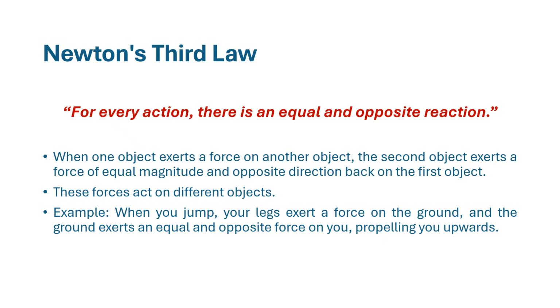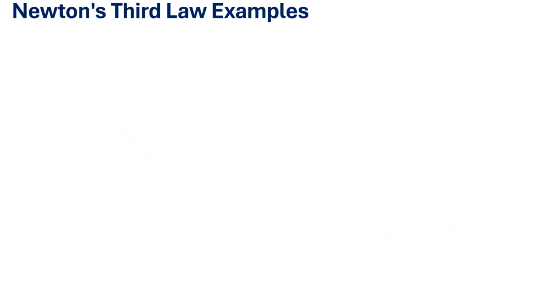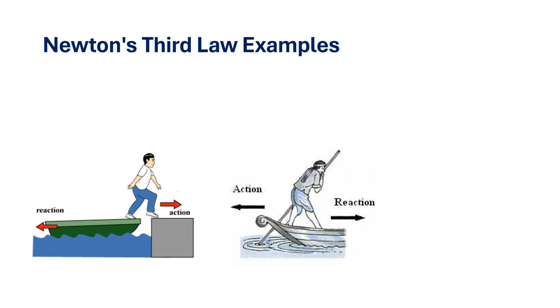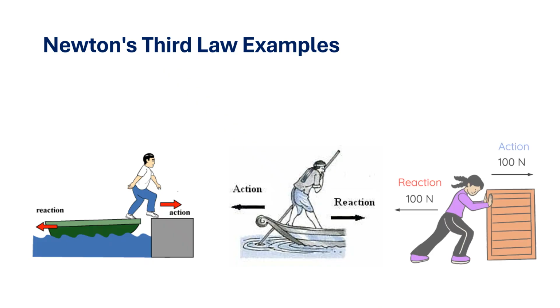For example, when you jump, your legs exert a force on the ground, and the ground exerts an equal and opposite force on you, propelling you upwards. Now let's look at some other examples. There is a person jumping out of a boat, so there will be an action, and with the same action there will be a reaction of equal force. In another example, a man exerts a force, and accordingly there will be a reaction.